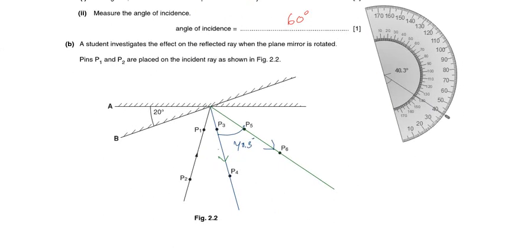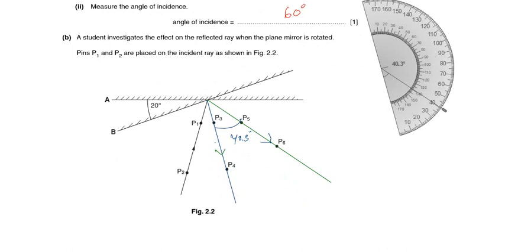Initially the mirror is in position A, and with P1 and P2 incident on it, this will be the reflected ray, right? Now what they did, they rotated the mirror by 20 degrees. So when they rotate, the reflection is seen through P5 and P6 like this.